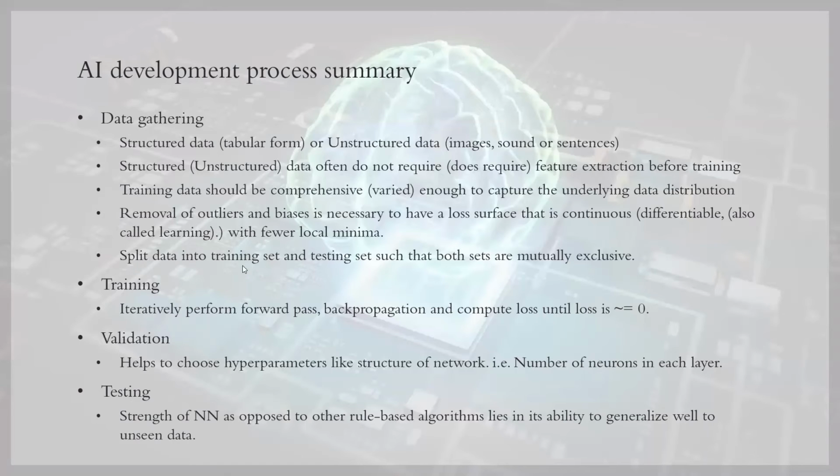Then split the data into training set, testing set, such that both sets are mutually exclusive. So these sets cannot have anything in common. So that's why during testing, the neural network sees something that it has not seen during training, so that we can check the generalization capability of a neural network.